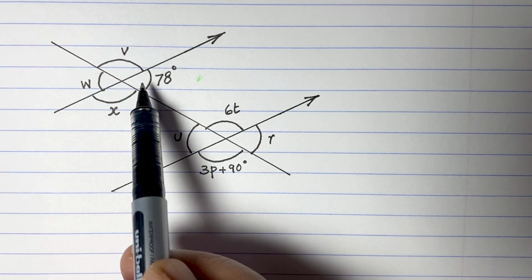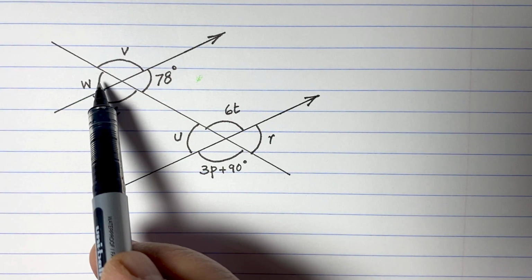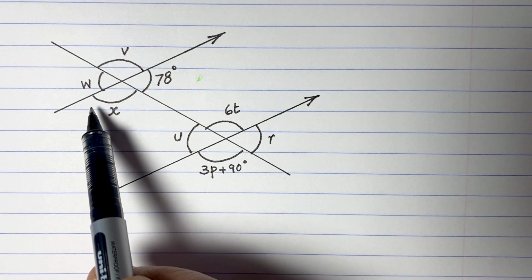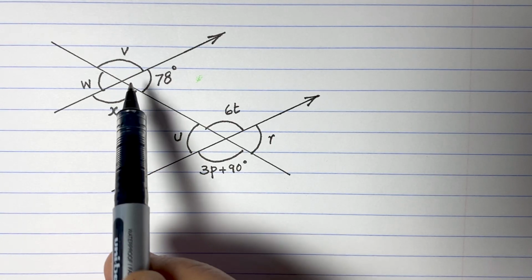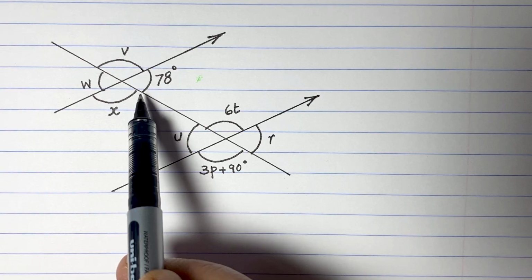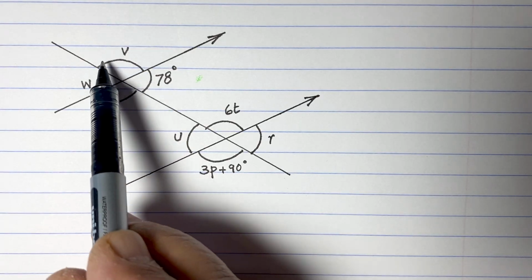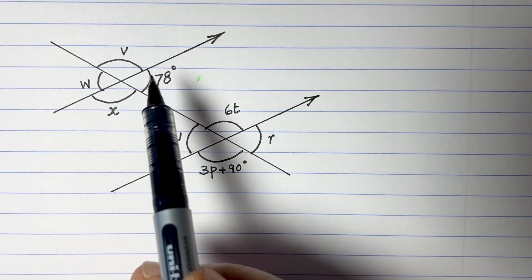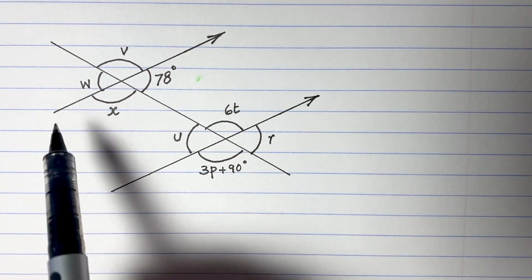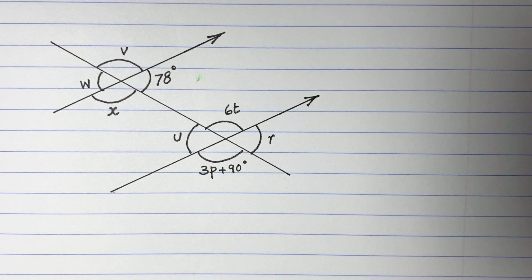I can find W first, because they're vertically opposite angles. Or I can find X to say angles on a straight line add up to 180 degrees. Or I can find V here for the same reason. So I'll go for W and I'll write the reasons as I go along.